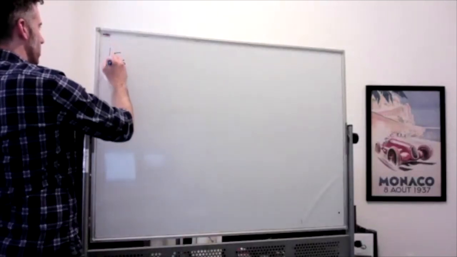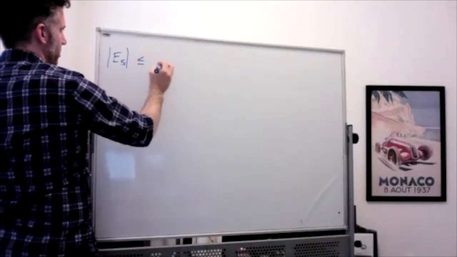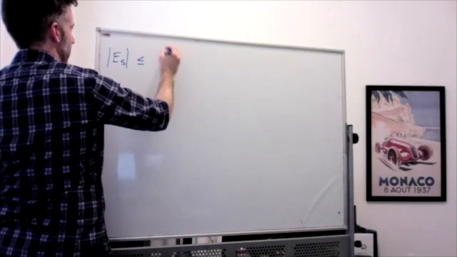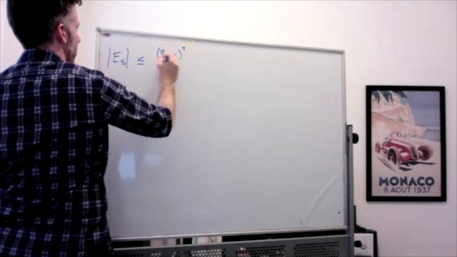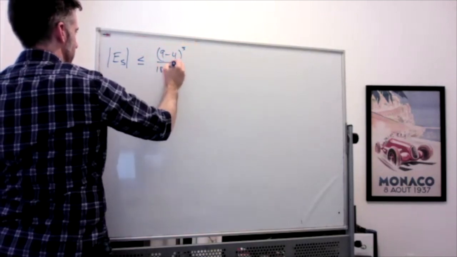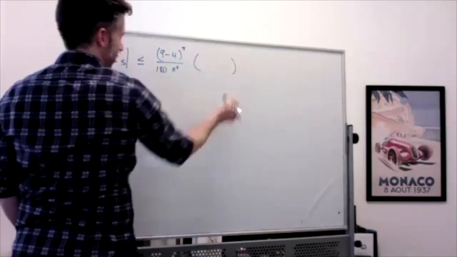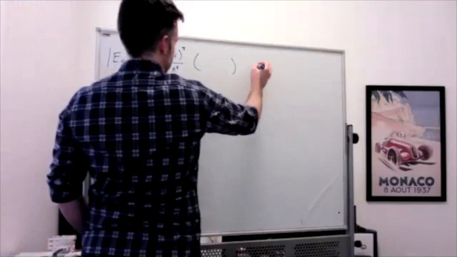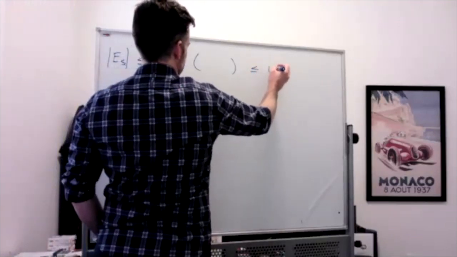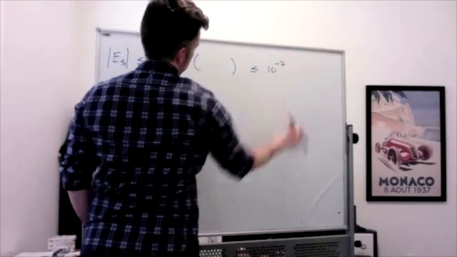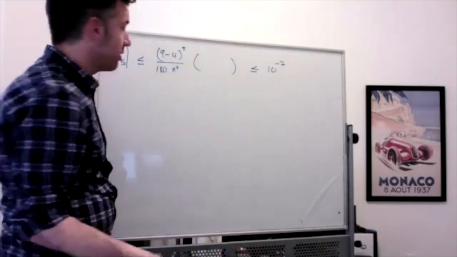So for Simpson's rule, we have that the absolute value of the error using Simpson's rule is less than or equal to (b minus a) to the fifth over 180 times n to the fourth times the maximum of the fourth derivative. And we want that to be less than or equal to, again, 10 to the negative seventh, or 1 over 10 to the seventh.